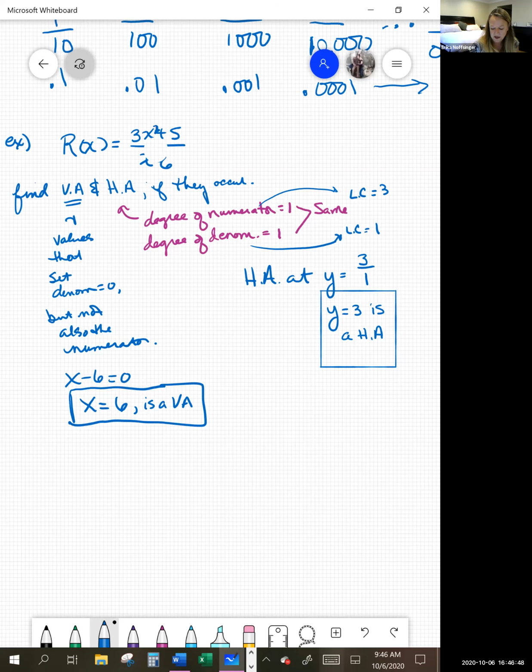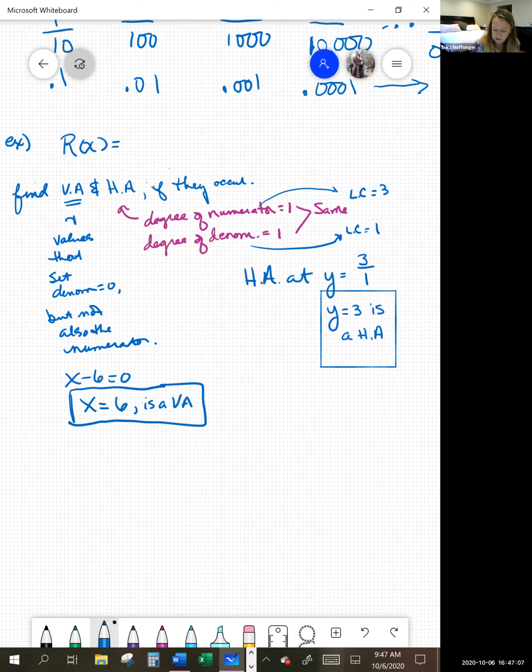No, because if the degrees are different, it doesn't work that way. These would have to be the exact same power, and you would then look at the leading coefficient of the top over the bottom in order for that to occur.